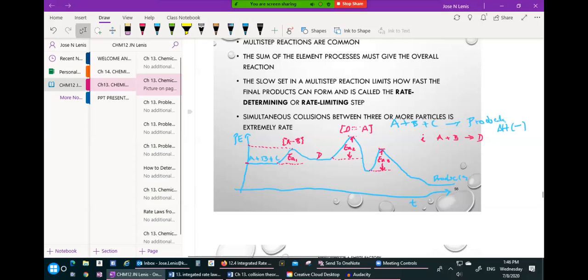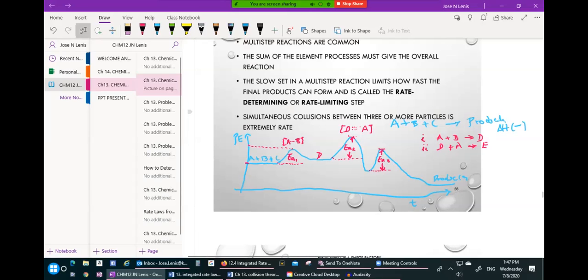And let's say the second step then is going to be D plus A to form, let's say, E. That will represent this step here.